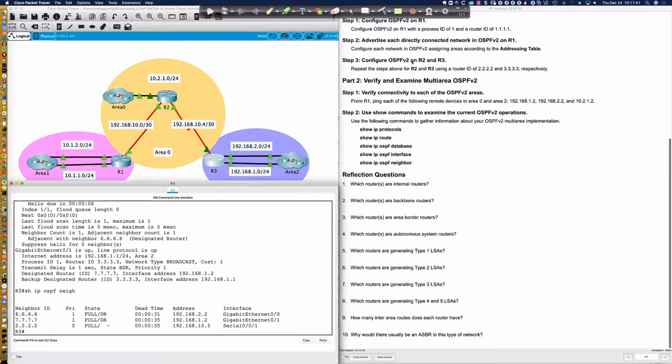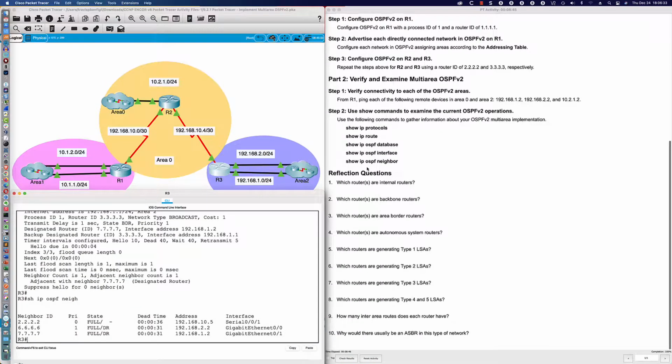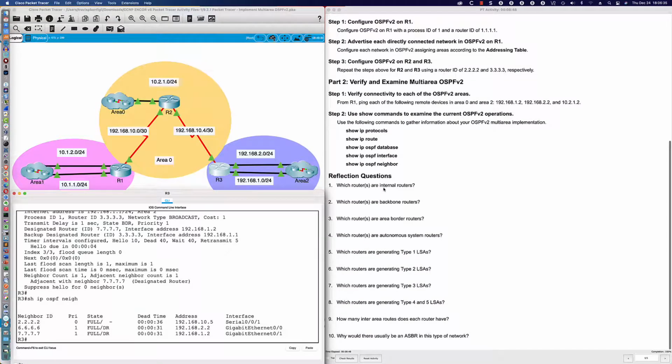So now let's go ahead, and we're right here on part 2, and we're going to answer every single one of these questions. Let's start with question number 1 here. So which routers are internal routers? Now, the definition of an internal router is a router where all of the router interfaces are in the same area.